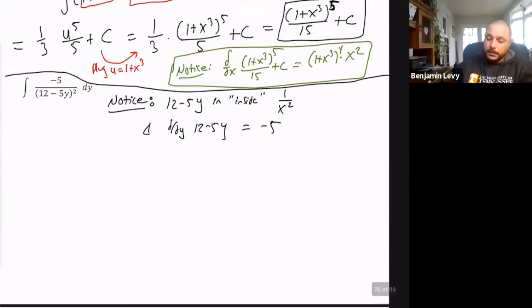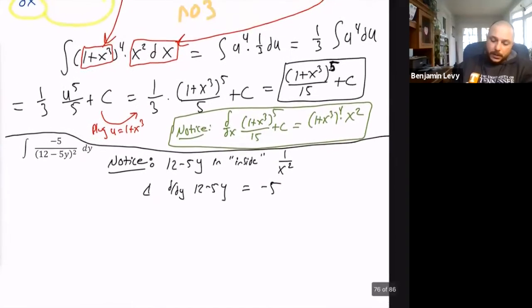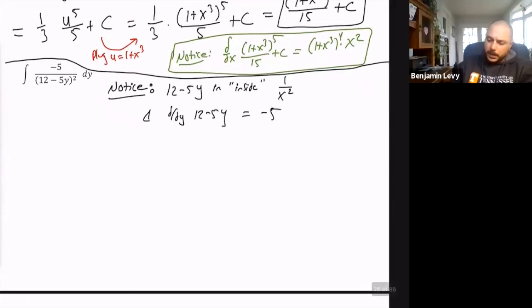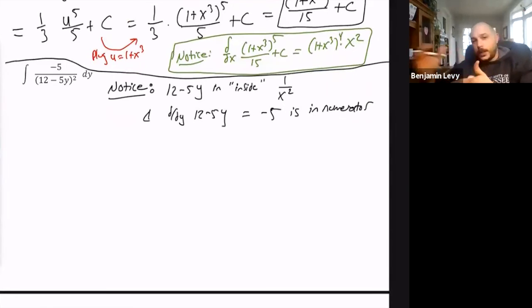So 5 is also in the problem is what I'm trying to write here. And so the process reveals itself once we start letting u equal blah, blah, blah, and do all those steps. But that's just the starting intuition that's jumping us into, okay, this is a substitution rule.